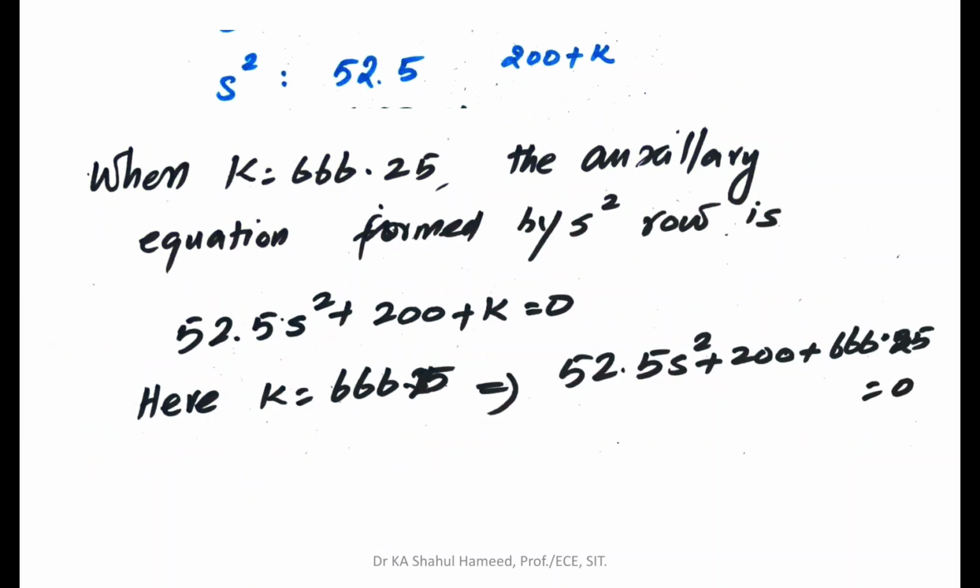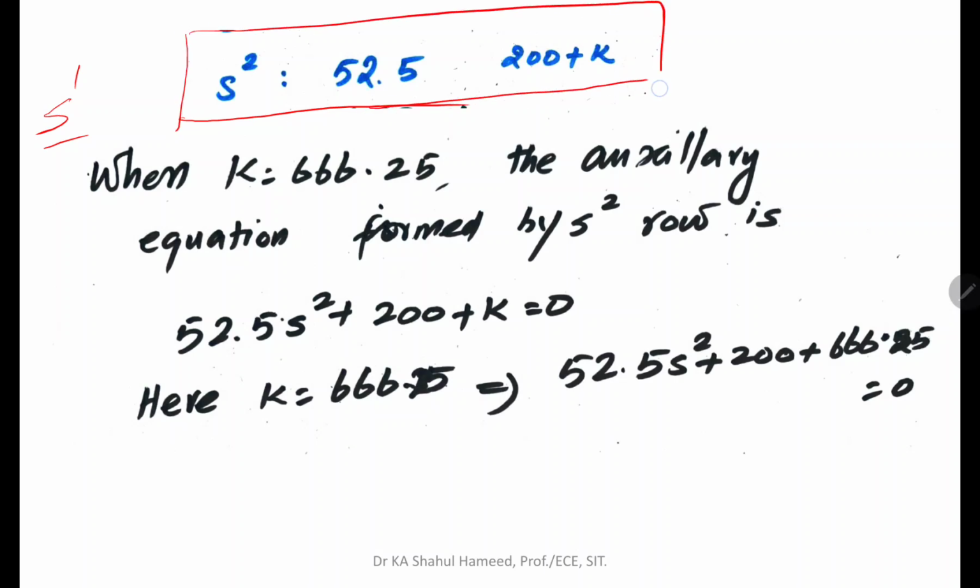So I'm taking the previous row, that is the s power 2 row. I have analyzed the s power 1 row, so I'm taking the previous row and forming the auxiliary equation. The s square row has 52.5 and 200 plus k; this is s square and this is s power 0.